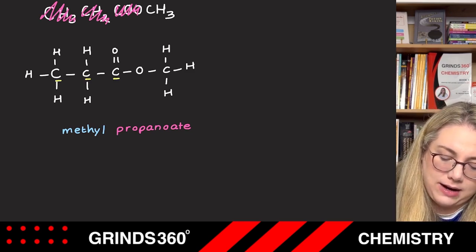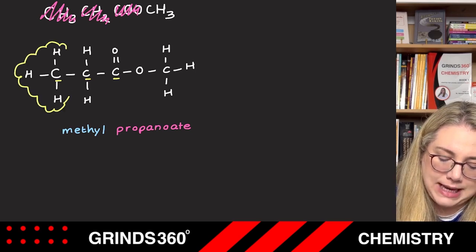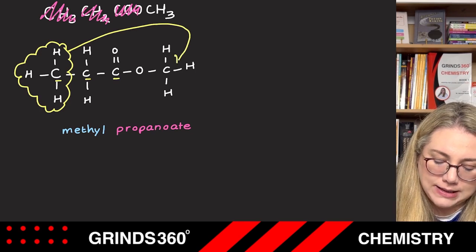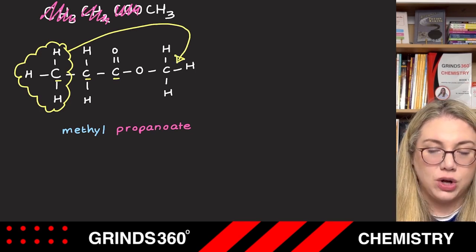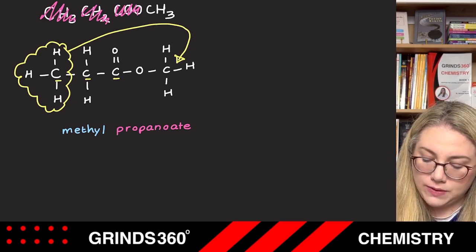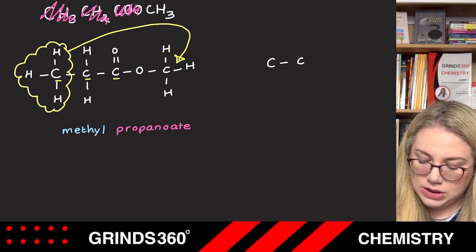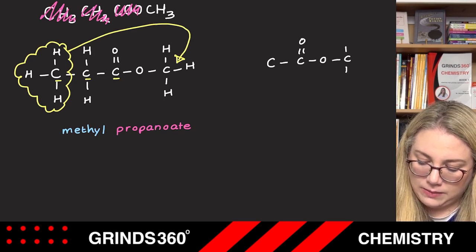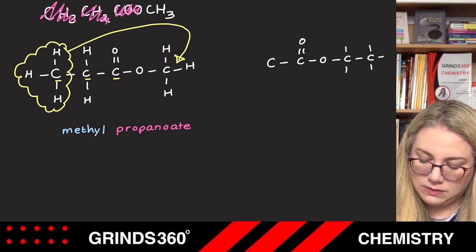So instead of having 3 carbons on this side, I'm going to take one of the CH3s off the end here and I'm going to move it to this side to attach onto the carbon on the right hand side. So if I redraw that, I have 1, 2, C double bond O, O, carbon with a CH2 and a CH3.